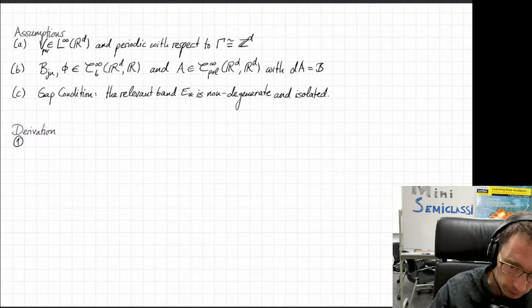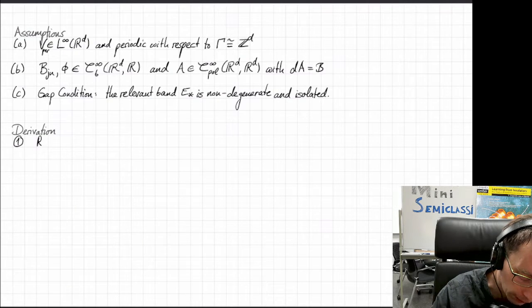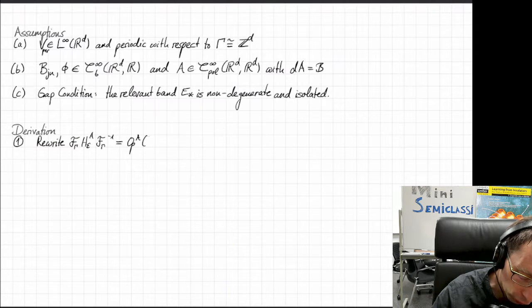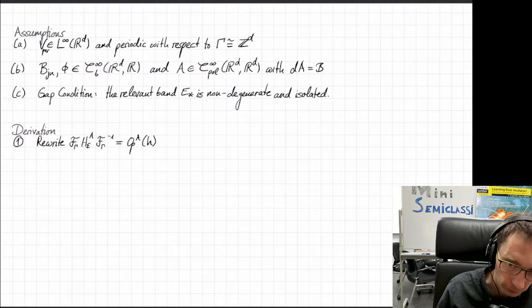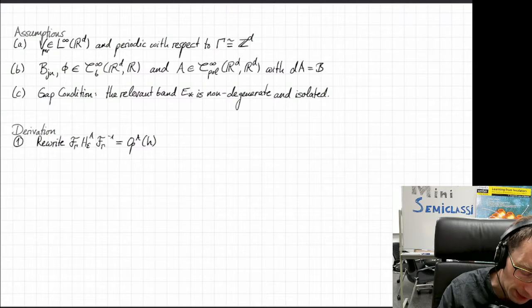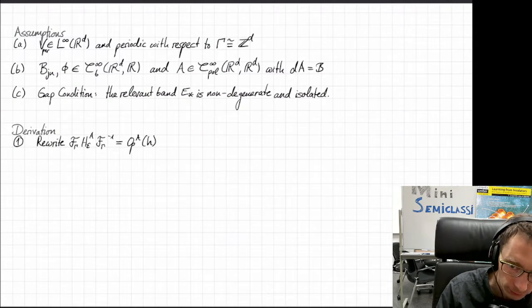So the first step is to rewrite the Hamiltonian, or rather the Zak transform, which is essentially the discrete Fourier transform, as the magnetic quantization of an operator. So this first step gives us access to magnetic Weyl calculus as a tool.